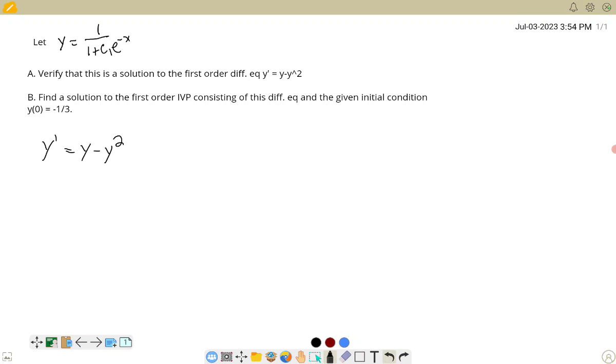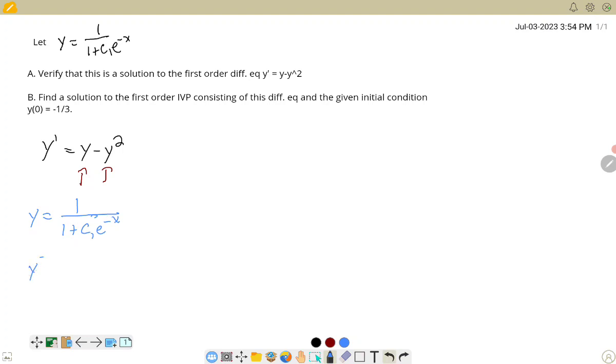Okay, let's start with part A. In part A, we're going to recognize that we have these terms, y and y squared. So let's figure out what y and y squared would be. Well, obviously y is just, I'm just going to repeat it, 1 over 1 plus c1 e to the minus x.